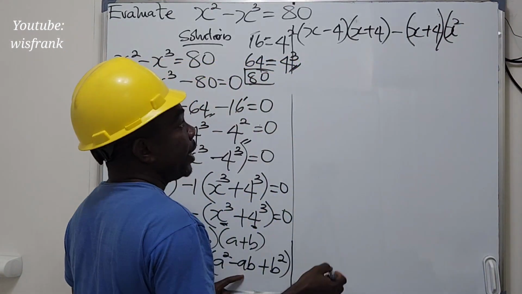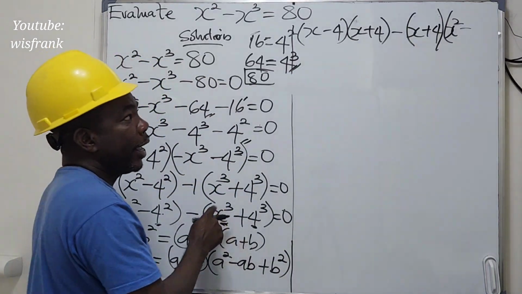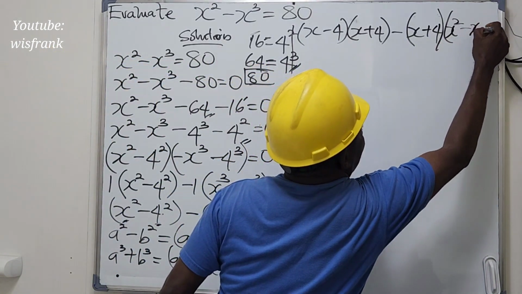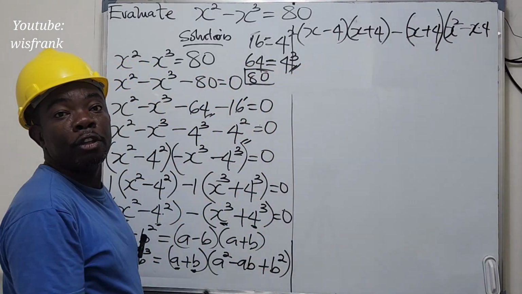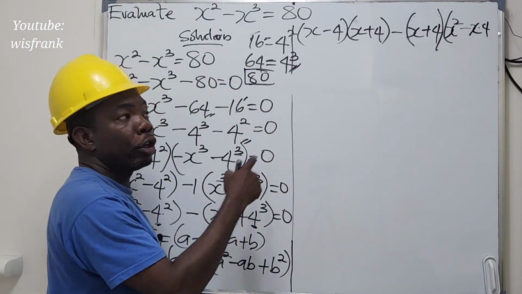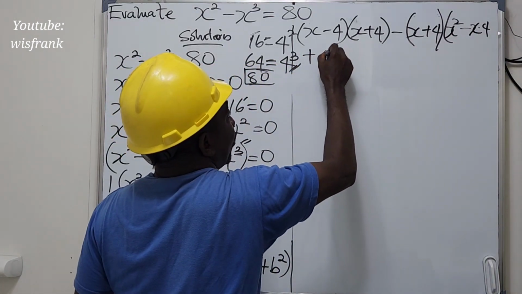Then we have minus AB, which is minus 4x, then plus B to the power of 2, which is 4 to the power of 2.